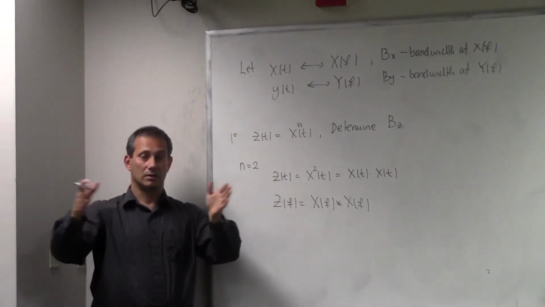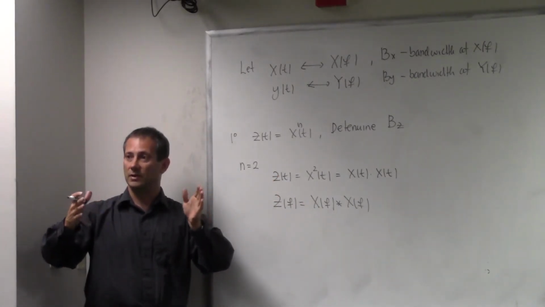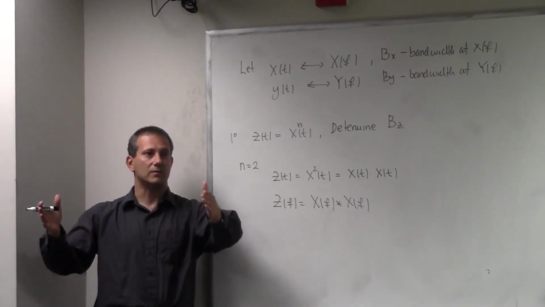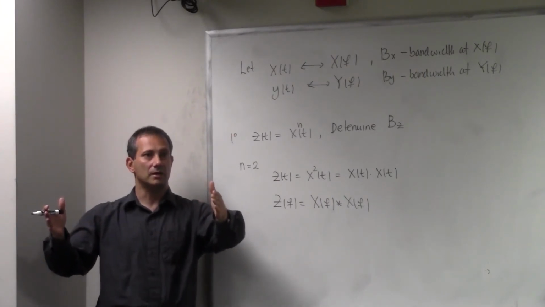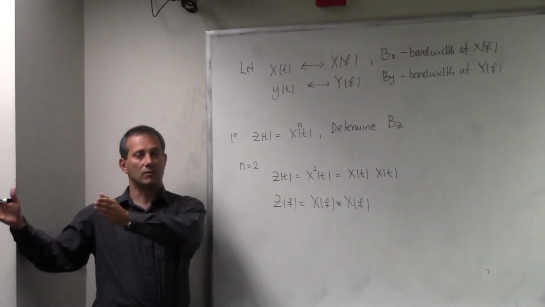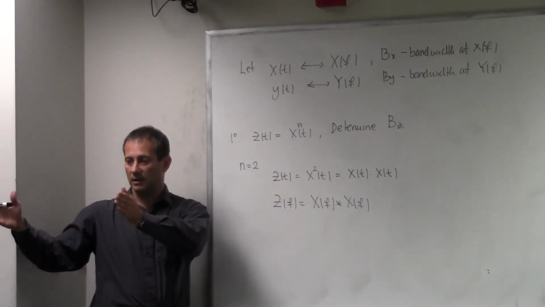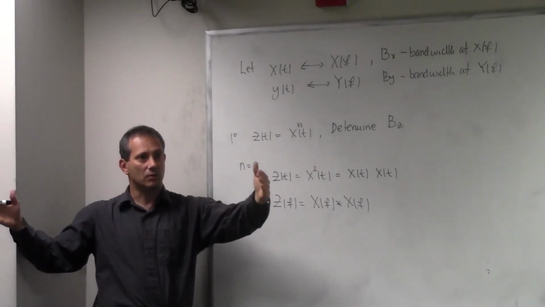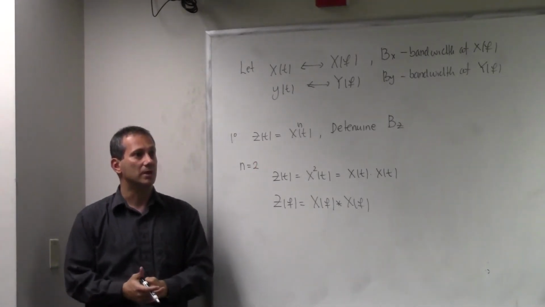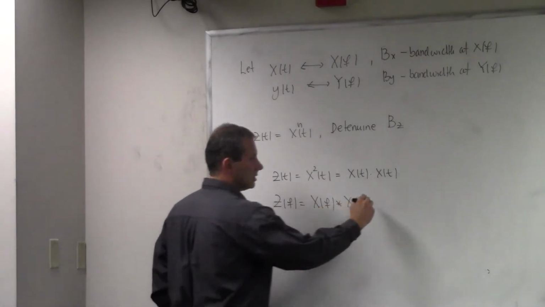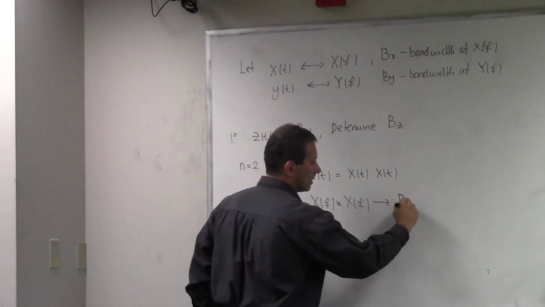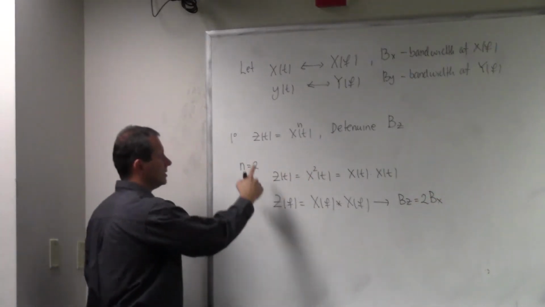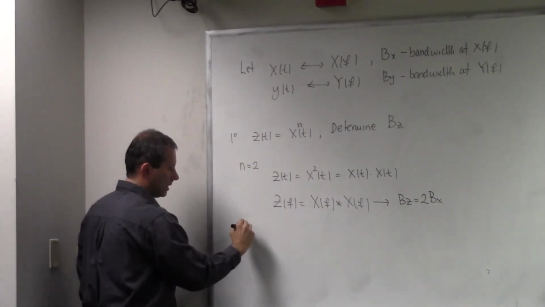Because the convolution does smearing. If the width of a signal in the frequency domain is bx, and the width of the other signal is again bx, then the width of the convolution between these two signals is 2bx. So in this case, bz is equal to 2bx. How about in the general case for any n?